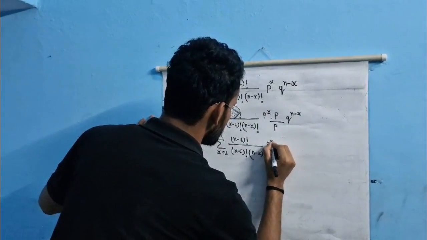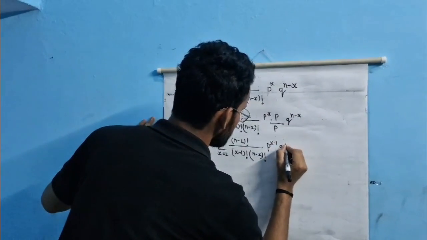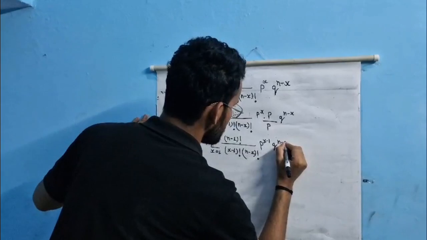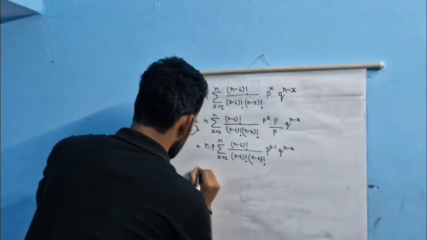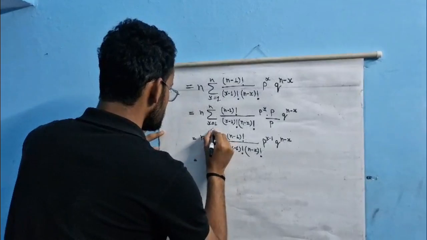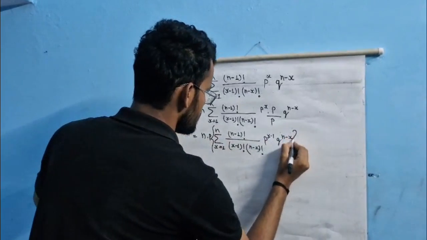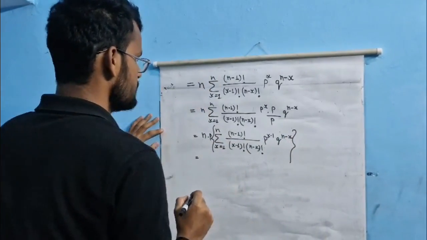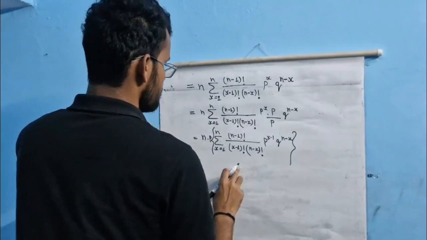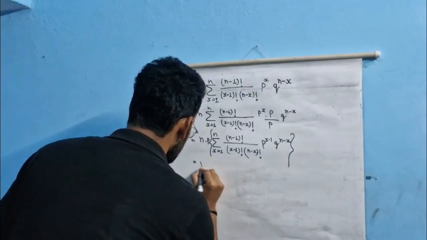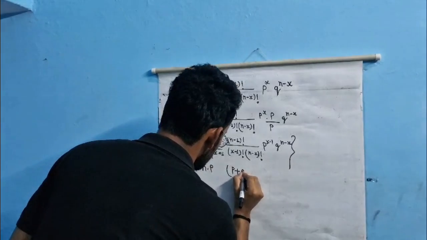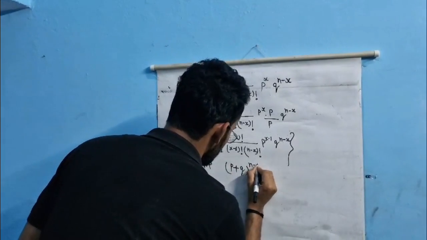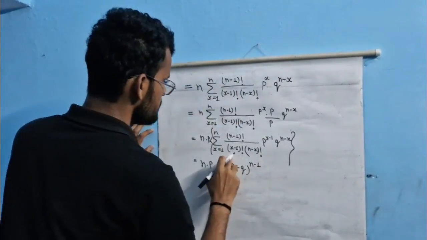p raised to the power x minus 1, q raised to the power n minus x. This whole expression is an expanded form of p plus q raised to the power n minus 1, using binomial theorem.